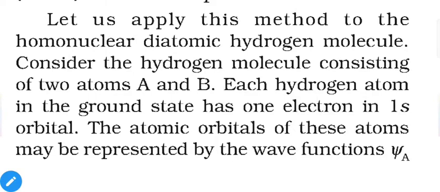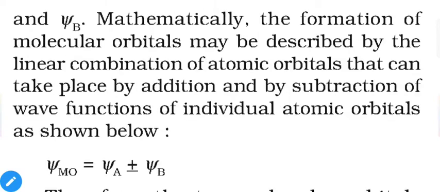We know that the atomic orbitals of these atoms may be represented by the wave functions psi A and psi B. This trident-like symbol is called psi. Okay. Mathematically, the formation of molecular orbitals may be described by the linear combination of atomic orbitals, which can take place by addition and by subtraction of the wave functions of individual atomic orbitals as shown below.